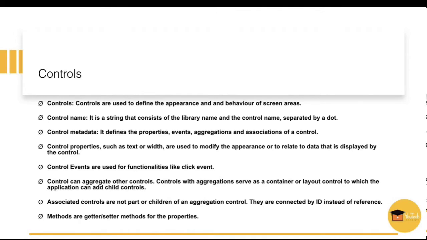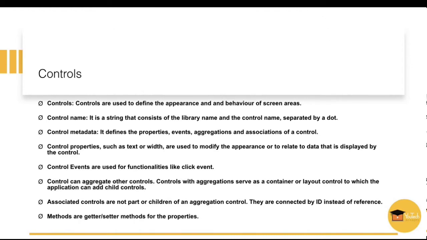Control properties are used to change or modify the appearance of a control, like height, width, etc. Events are used to provide functionality to the control, like we can create our own logic on the click of a button.